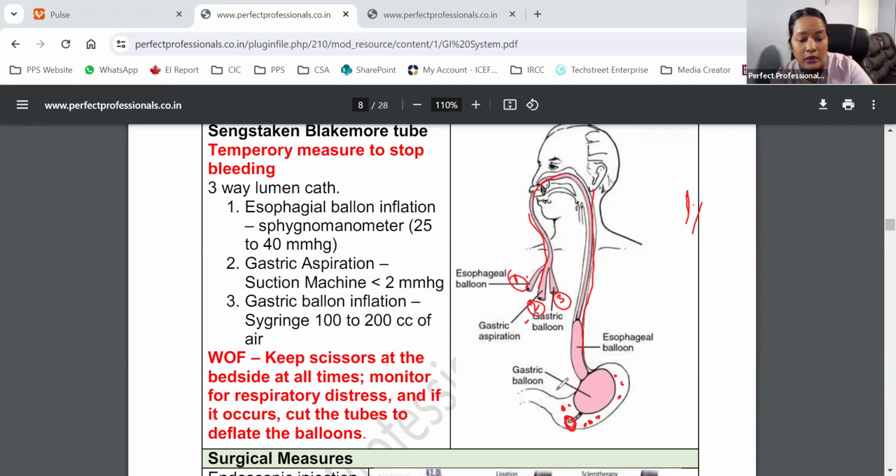Now, what is the third opening doing? The purpose of the third is the gastric balloon.